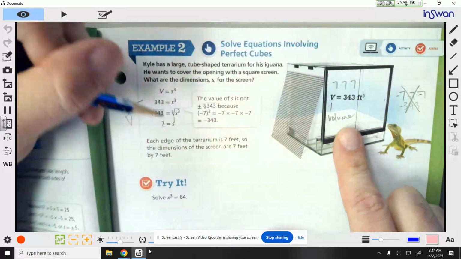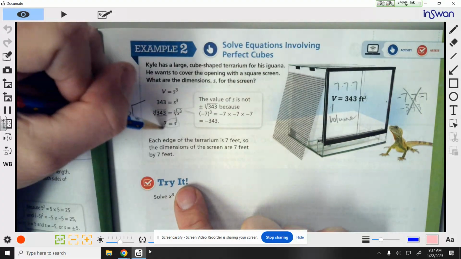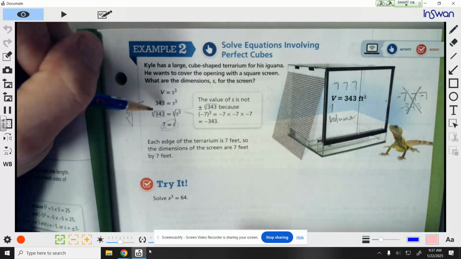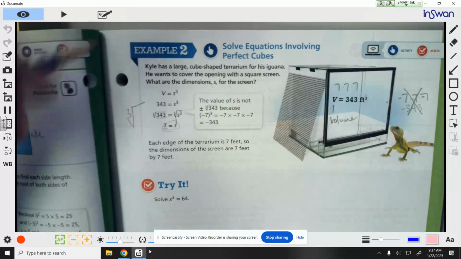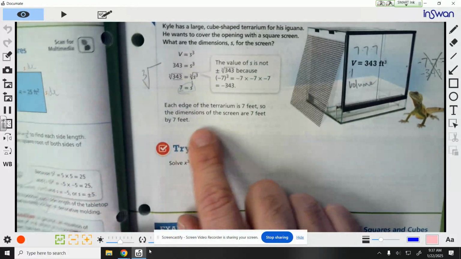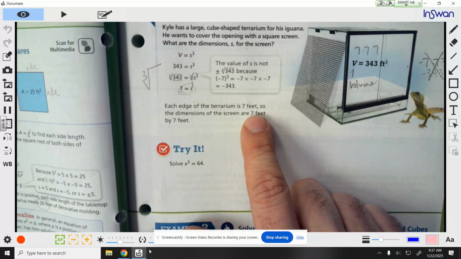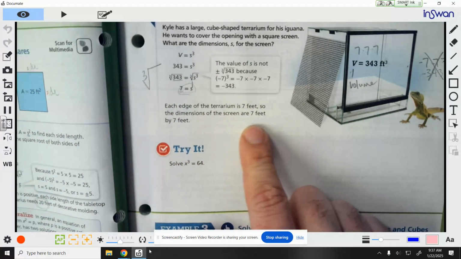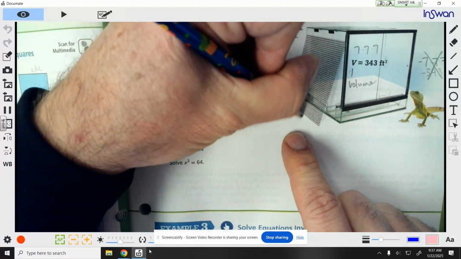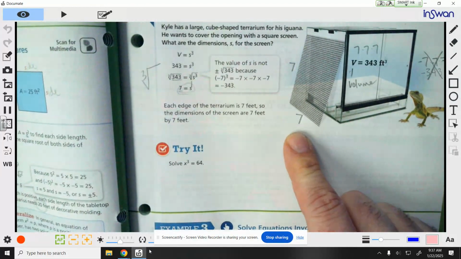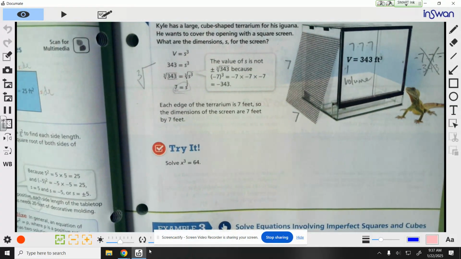So cube roots only have one answer, and it's just the positive one, since it was a positive number to start with. Okay, so each edge of the terrarium is 7 feet. So the dimensions of the screen have to be 7 by 7. So it's 7 feet by 7 feet.